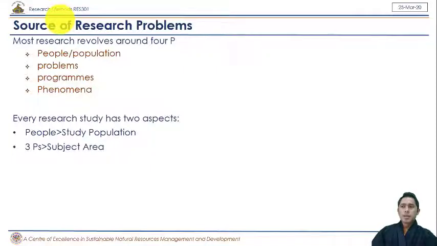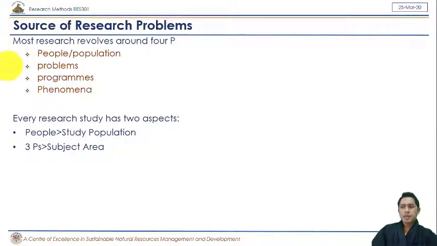The first P, people or population, is basically representing the study population. So that's where we study, and that's the source of our data, or they can tell us more about the other P's.